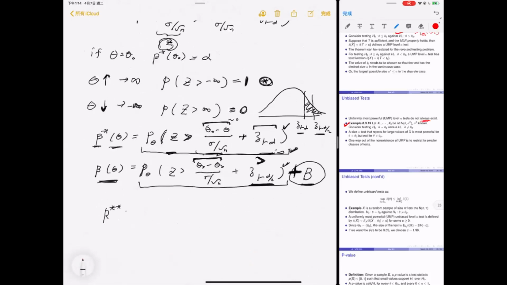Another lousy test would be x bar minus theta 0 over sigma over root n, smaller than minus z 1 minus alpha. There's a minus term right here, and it's not alpha over 2, it's alpha.